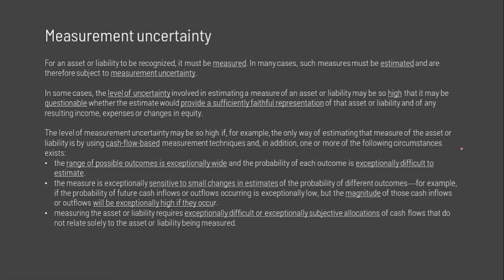B. The measure is highly sensitive to small changes in estimates of the probability of different outcomes. C. The measurement requires exceptionally difficult or exceptionally subjective allocations of cash flows that do not relate solely to the asset or liability being measured.